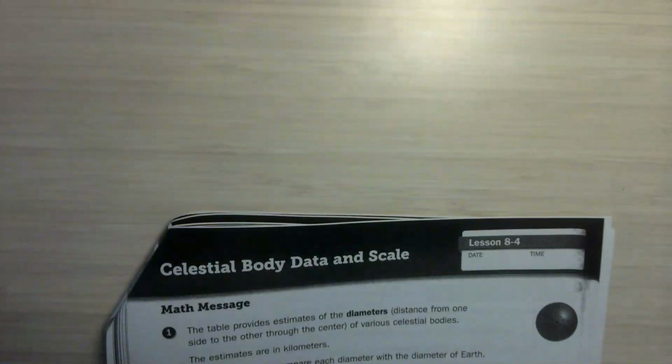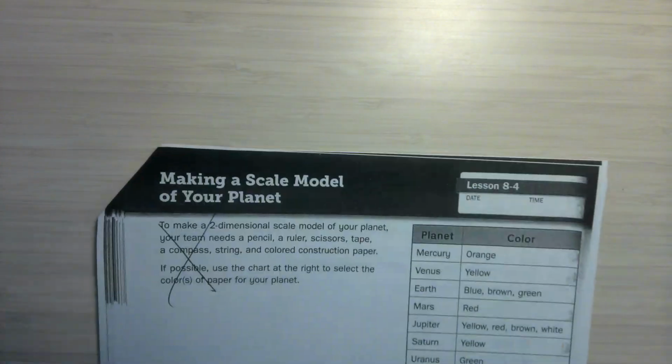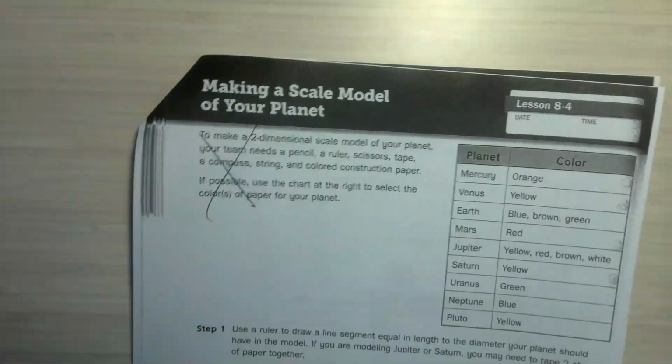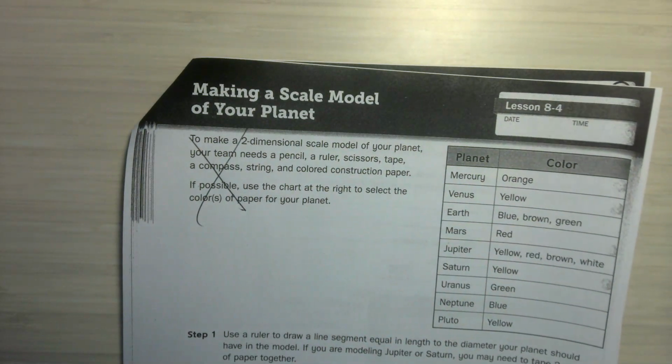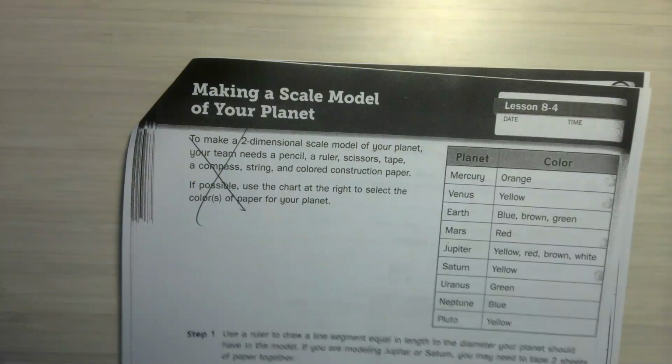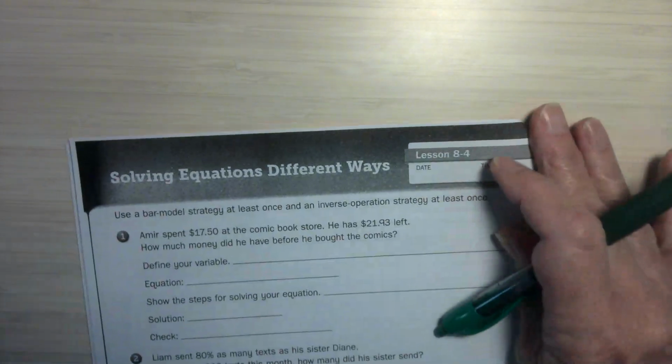Now let's go on to the next page in our math journal. We are not going to do page 362 because we don't have the materials and it takes too much time to make the models. Let's look at page 363.